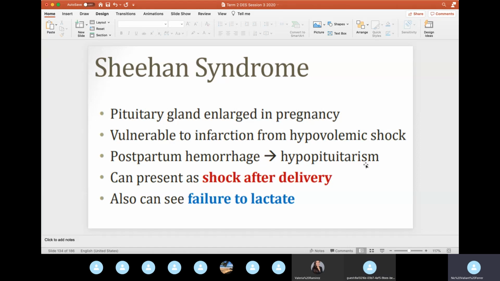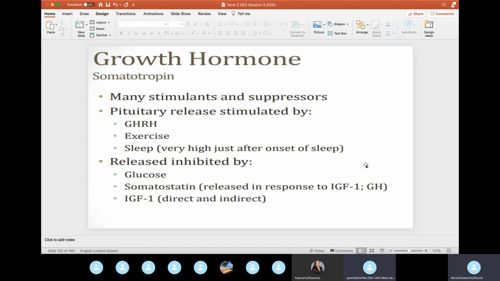So Sheehan syndrome, avascular necrosis of the pituitary gland. What happens? There's a postpartum hemorrhage, which causes hypovolemic shock. This induces failure to lactate, okay? Can present with shock after delivery and also can see failure to lactate.